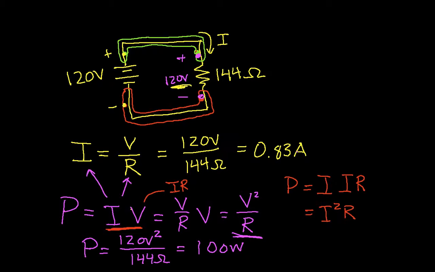Okay, so again, the power in my light bulb is I squared, which is 0.83 squared times 144. And I'll actually work that out and make sure I get the right answer, because it's always nice when things work out.